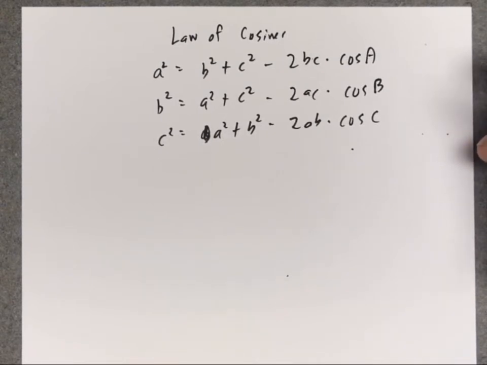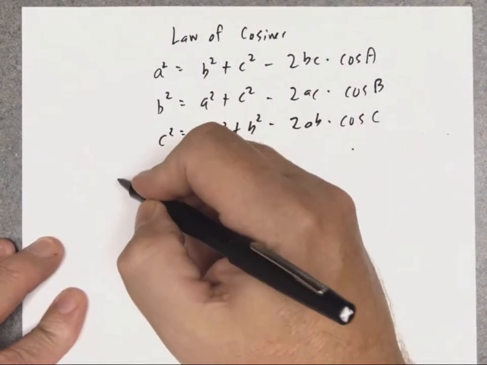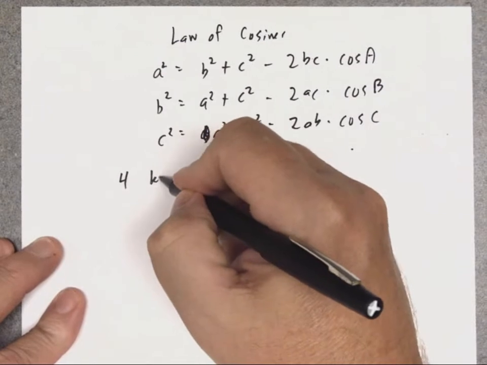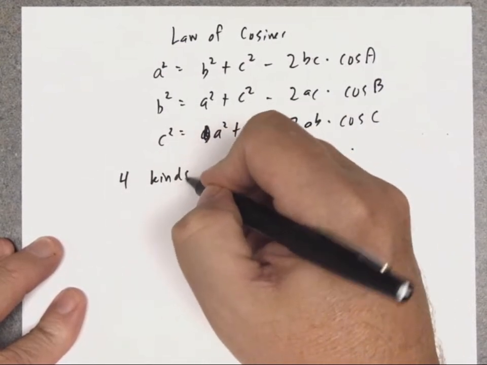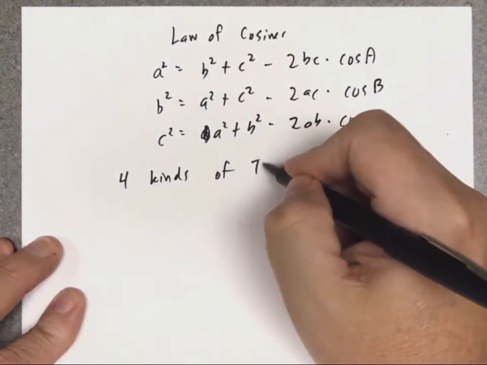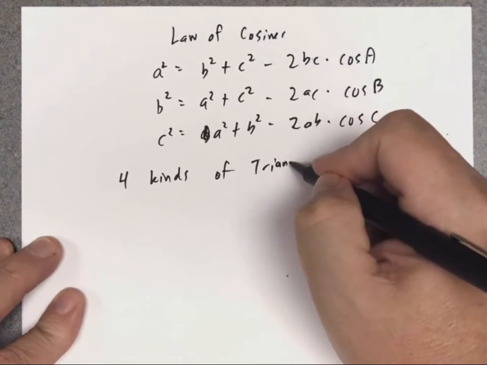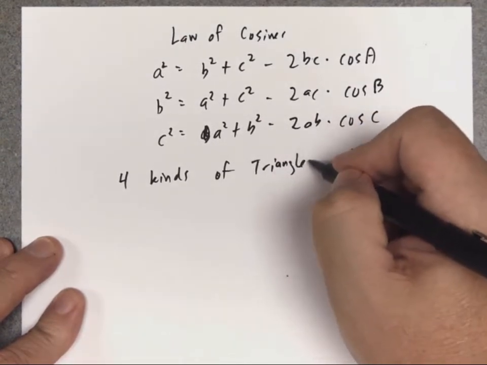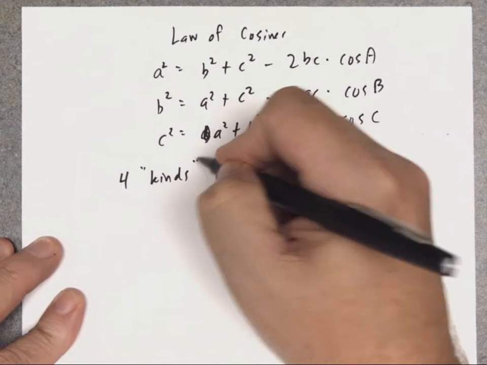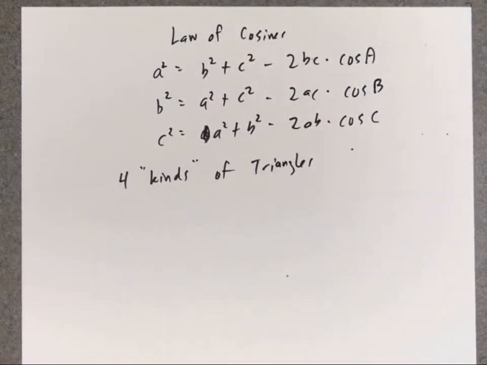So let's go through all the specific scenarios. There are really only four kinds of triangles we're going to look at. By kinds of triangles, I mean the initial information they give us. Remember, they're going to give us three pieces of information about a triangle, and then we're going to figure out the remaining three parts.